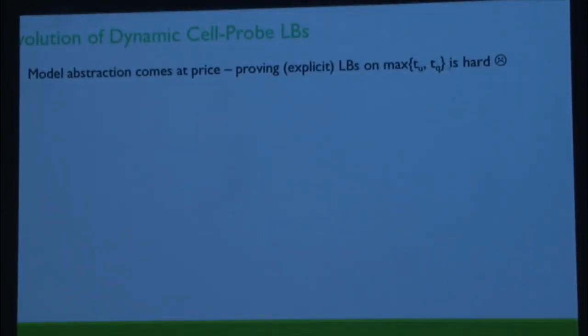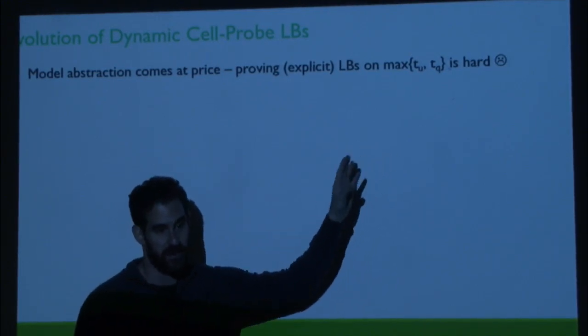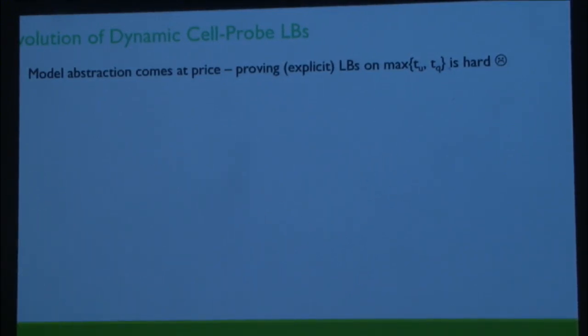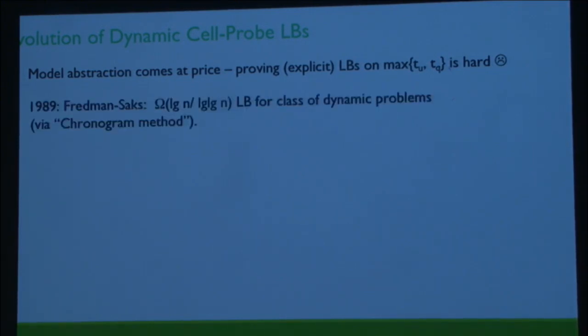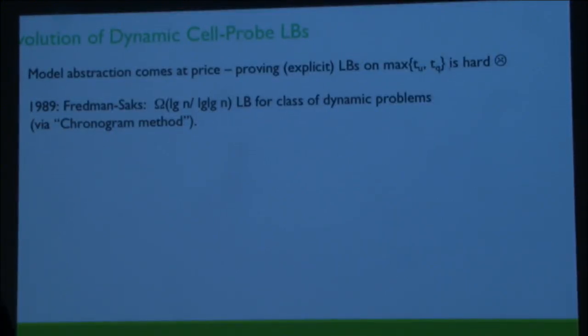Unfortunately, this abstraction comes at a price, and it's probably not surprising that this model is very hard to prove lower bounds in, because it's so powerful. Indeed, proving lower bounds on the maximum of the update or query time has been a very challenging enterprise. In 1989, Fredman and Saks invented the chronogram technique, which will come up soon.